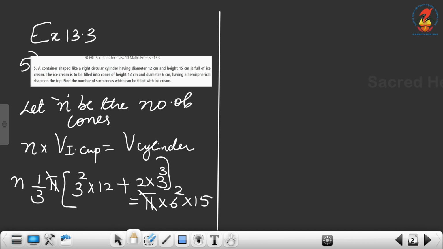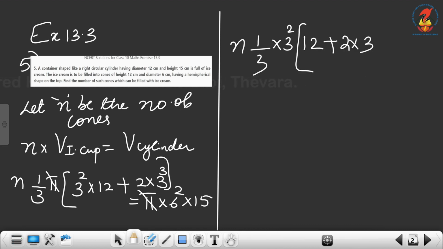So n into 1 by 3. We can take out 3 square from this into 3 square bracket. What is remaining? 12 plus from here 2 into 3, because we have taken out 3 square from that. So 1 by 3 will remain, is equal to 6 square into 15. So we can cancel off 1 by 3.